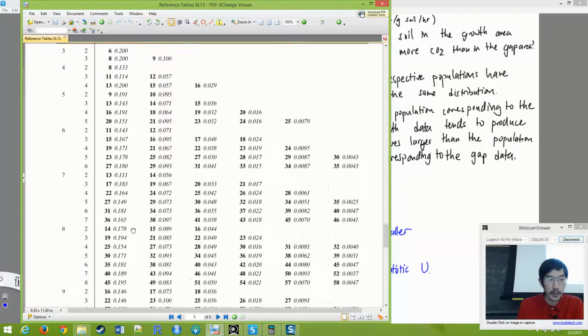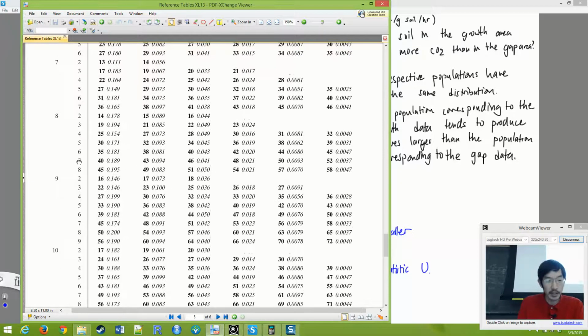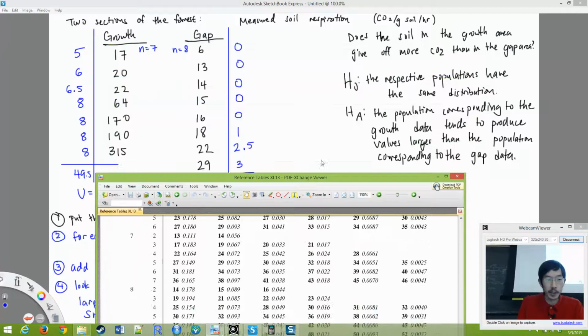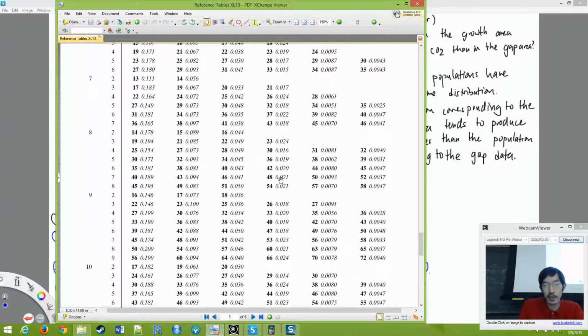Okay, so I'm going to, n is 8 and n prime is 7. Okay? And so here my test statistic is 49.5. Okay? And so the way our table works is we look at these bold print numbers. Okay? And if our test statistic was 48, the corresponding tail area would be 0.021.